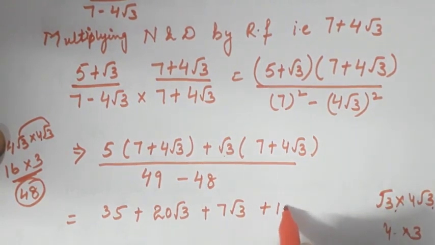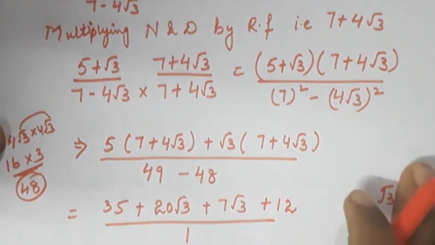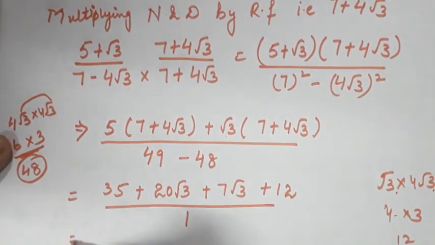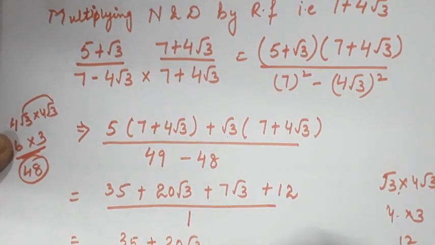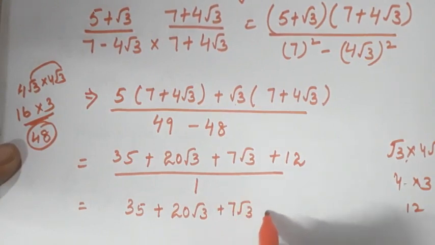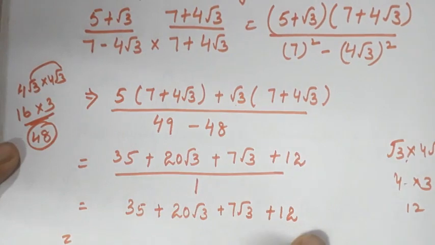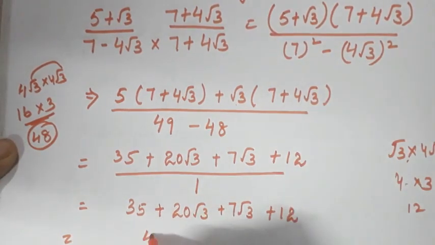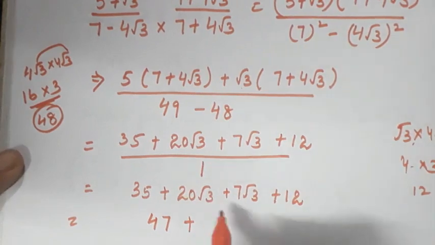So I can write 12 here, and 49 minus 48 is 1. So I get 35 plus 20 root 3 plus 7 root 3 plus 12. 35 plus 12 is 47, plus 20 plus 7, 27 root 3.